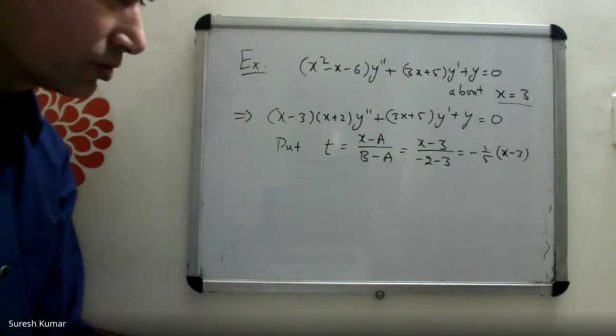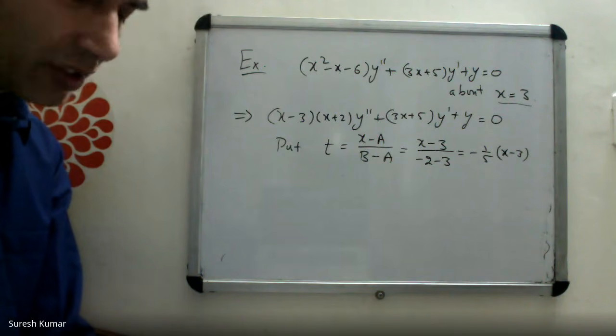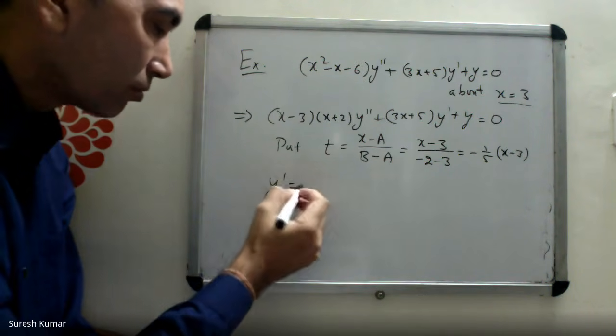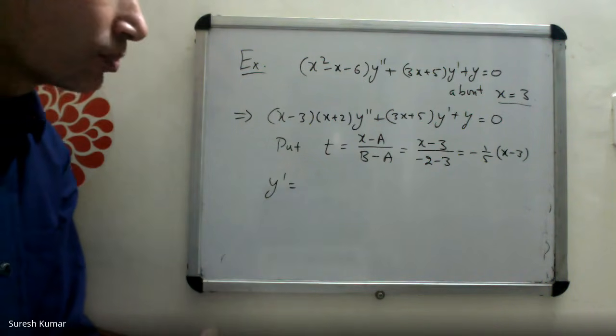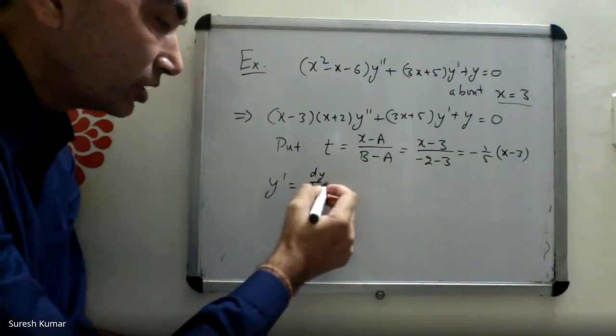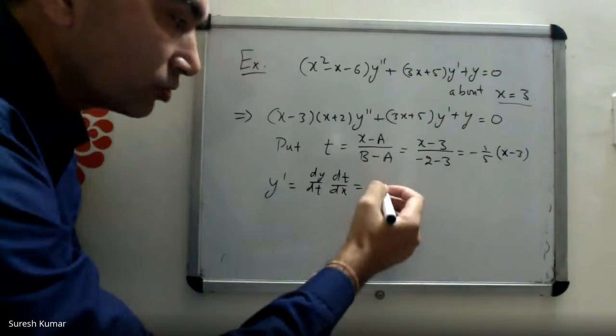See what you get. First you should try, then I will write. What is y prime? y prime is dy over dx, which is dy over dt into dt over dx, and dt over dx you know is minus 1 over 5.